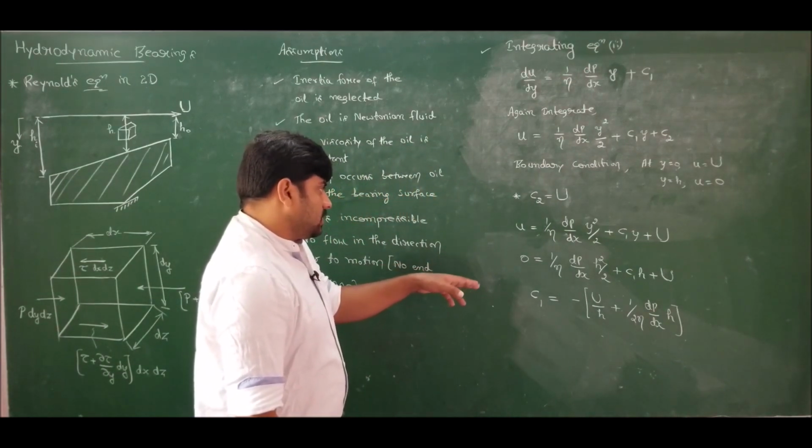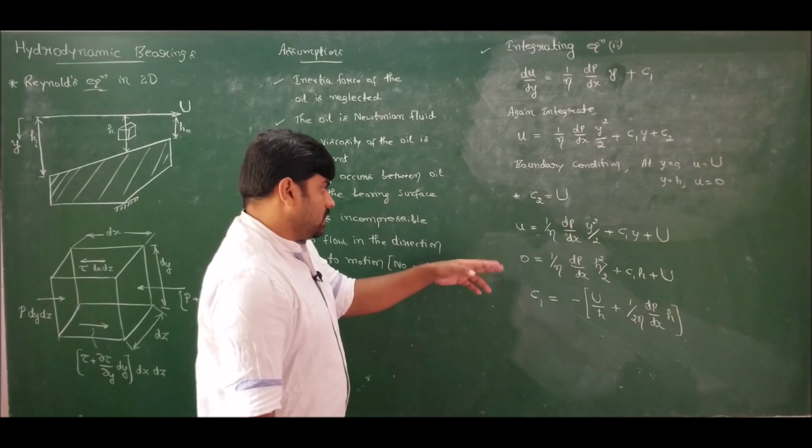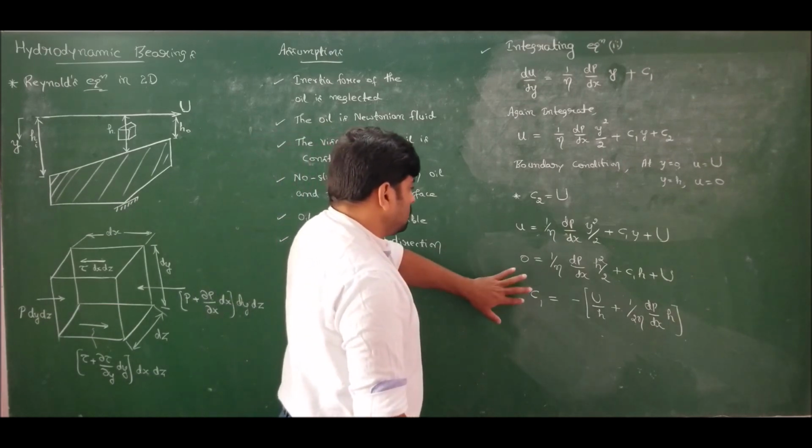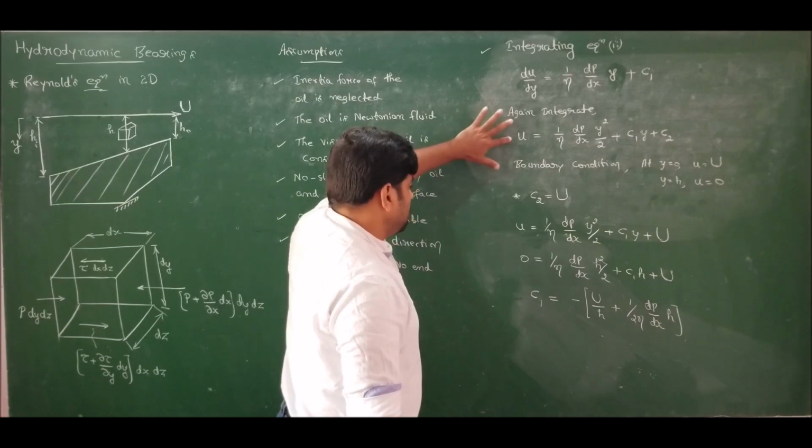Minus U by h, minus h square by h is h, correct? So now substitute C1 into this equation.